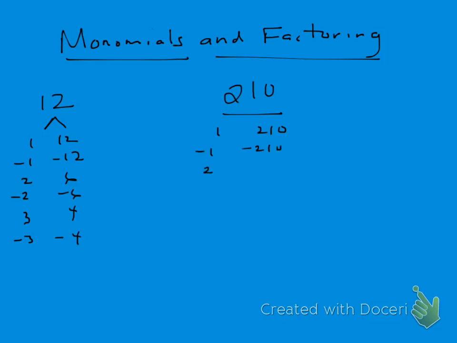2 and 105, and negative 2, negative 105, 3 and 70, negative 3, negative 70, 5 and 42, obviously the opposite, negative 5, negative 42, 6 and 35, negative 6, negative 35.